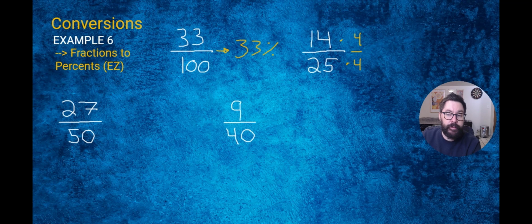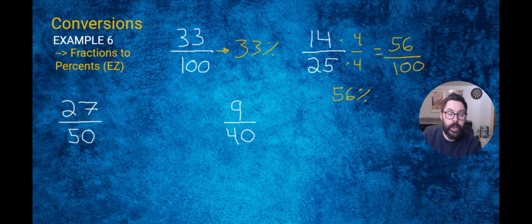And remember, you have to multiply both the top and bottom of a fraction by the same number if you want to keep it the same value. So 14 times 4 is 56. And 25 times 4 is 100. And now this looks a lot like the one we just did. We have 56 over 100, so that just translates to being 56%.